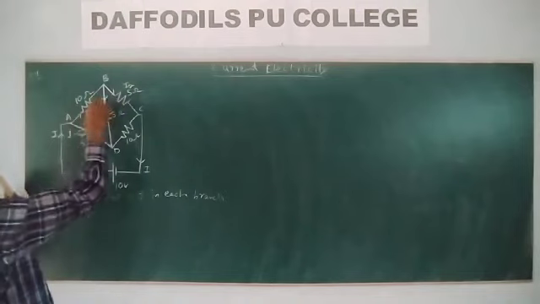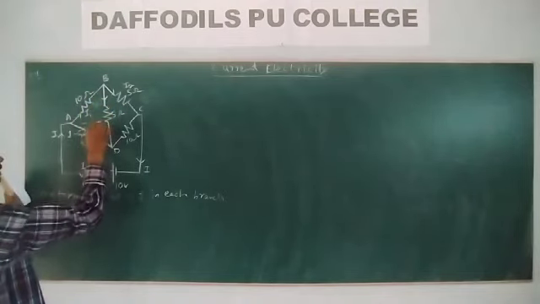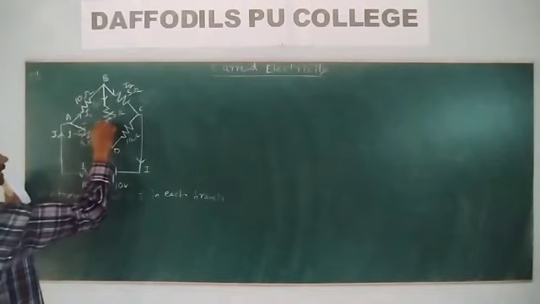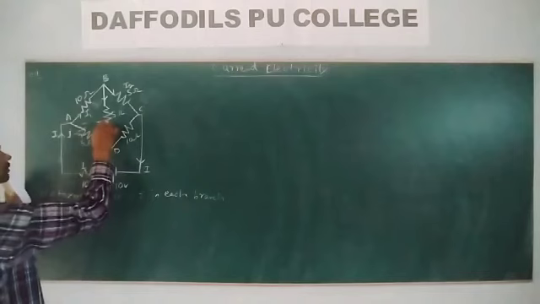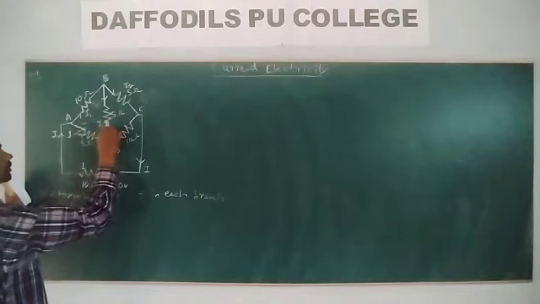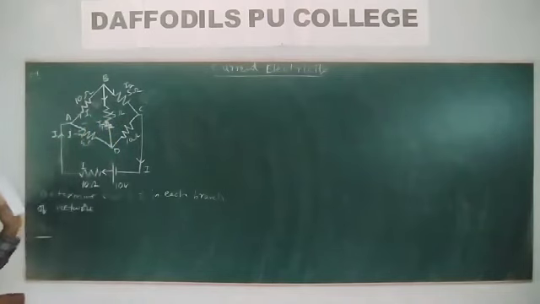Here I1 minus I2 is the current flowing through this one.